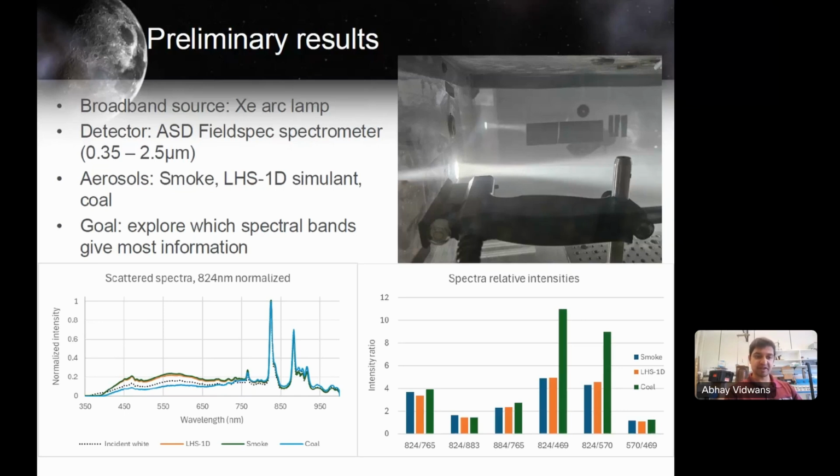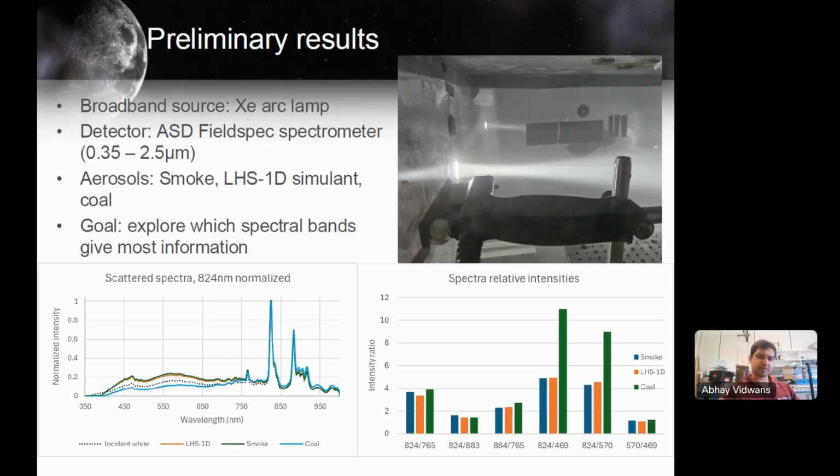So you can see on the bottom left-hand side, we have a few different spectra plotted here. The dotted line is the incident white light that the aerosol was exposed to, and then the other solid lines are the scattered light spectra from the different aerosols. So we can see that these lines break off into different areas, showing that they are scattering light differently and exhibiting different optical behavior.